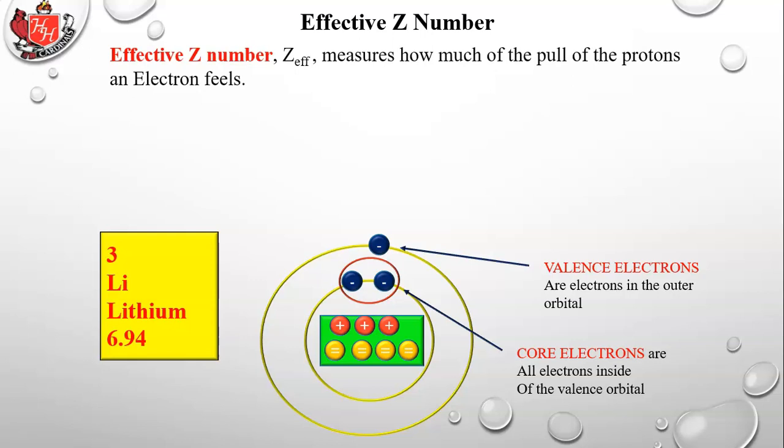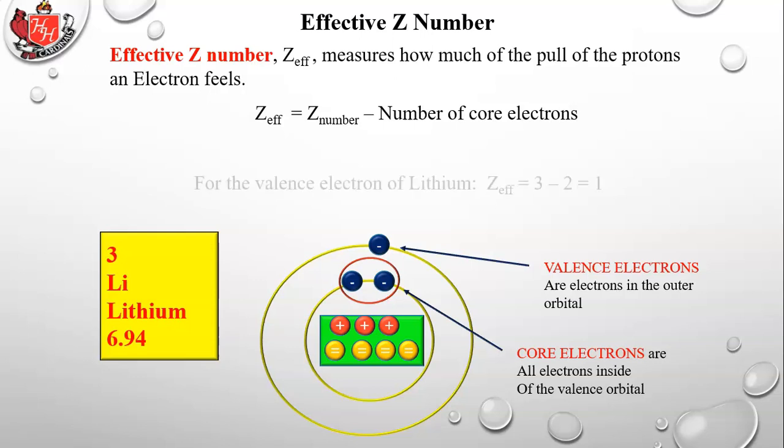The effective Z number, the symbol for that is Z with a subscript of EFF. Z effective measures how much of the pull of the protons an electron feels. So the Z effective number equals the Z number, now the Z number is the number of protons, that's 3, minus the number of core electrons. So in this case you see that there are 2 core electrons.